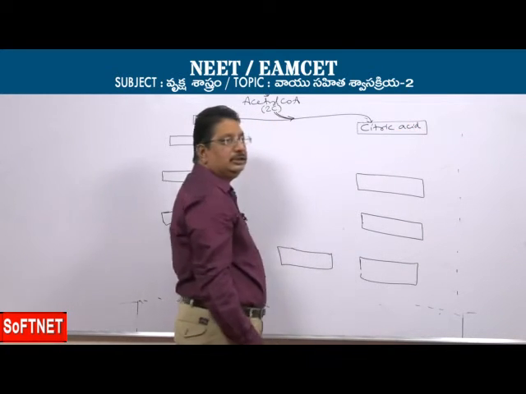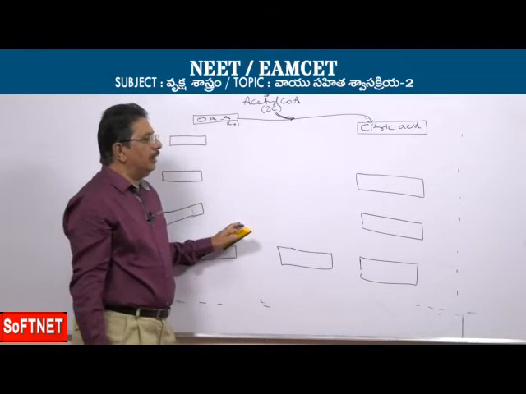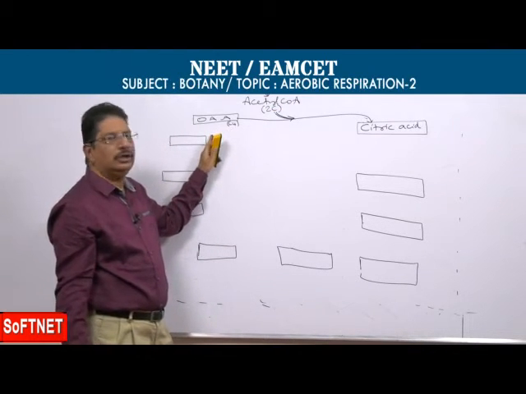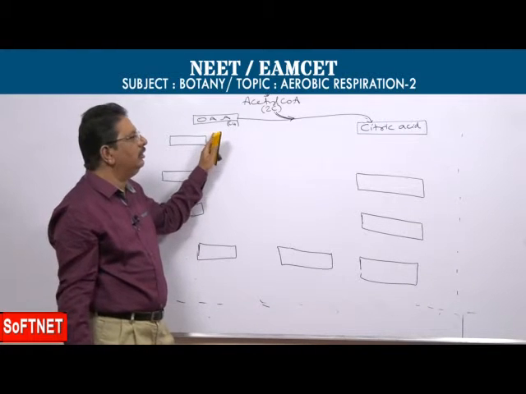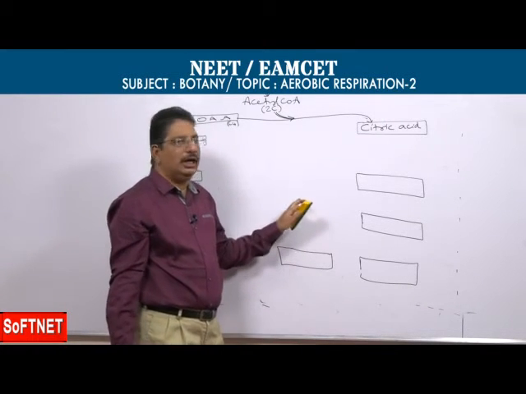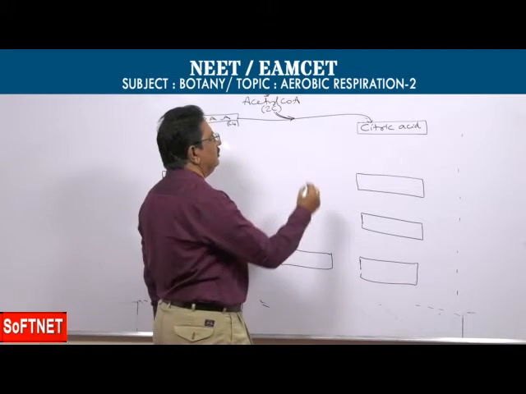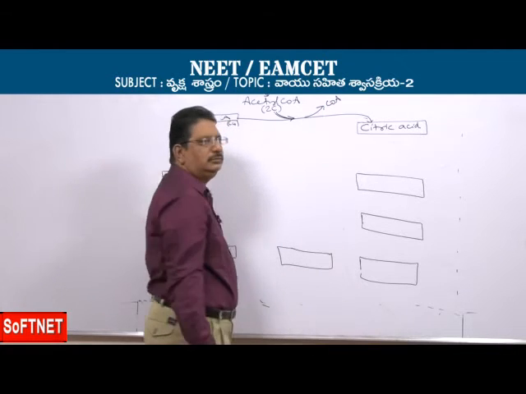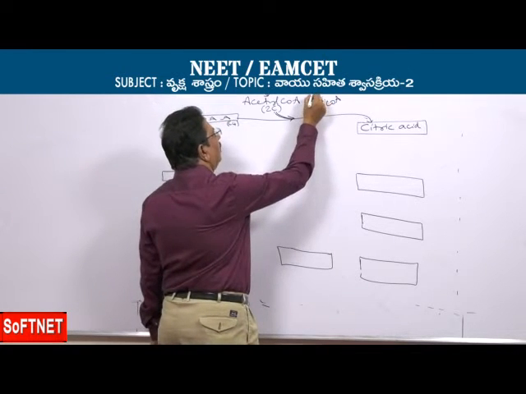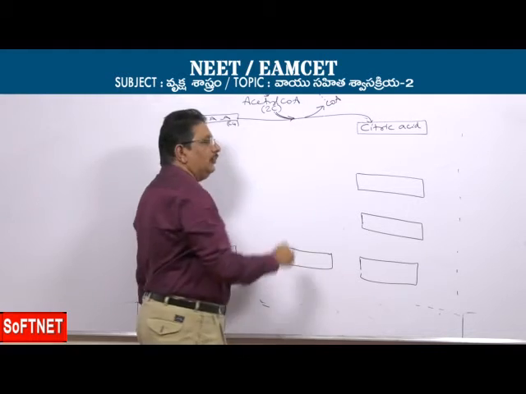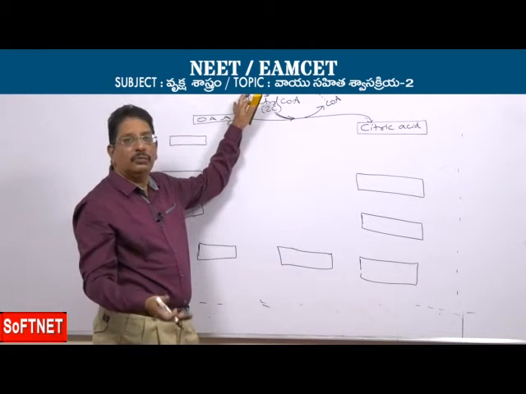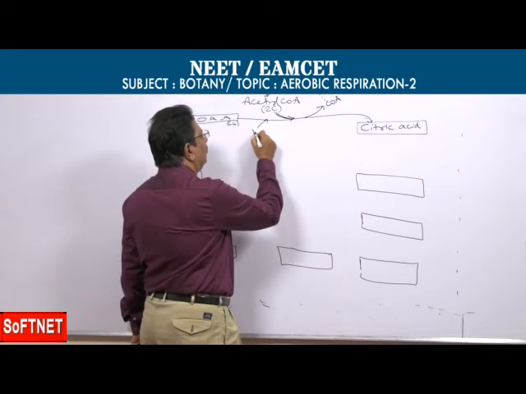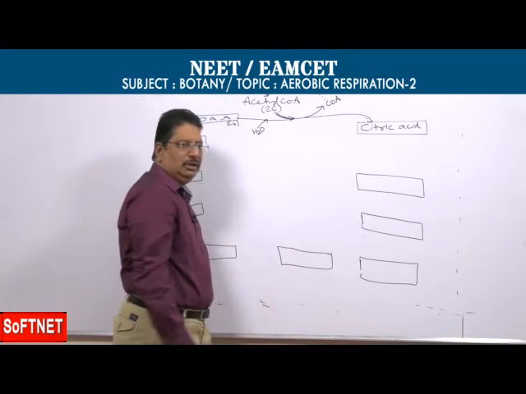So the first step in the aerobic Krebs cycle is a condensation of acetyl coenzyme A with oxaloacetic acid to form citric acid. During this process, the coenzyme A is liberated, of course, which is available for the next conversion of one more pyruvic acid, and during which one molecule of water is also utilized.